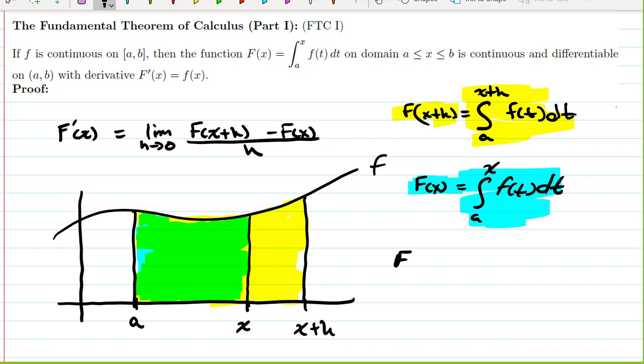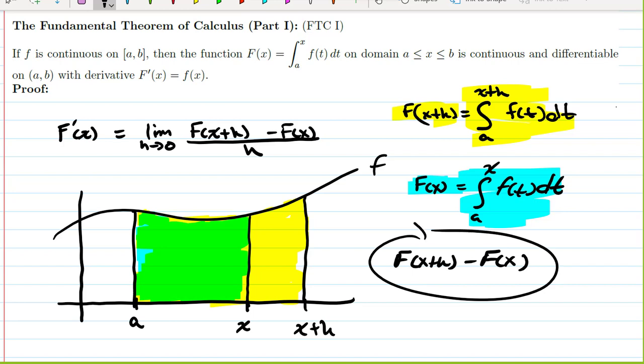So if we were to subtract F of x from F of x plus h, the part that we would subtract off would be the part in green. So F of x plus h minus F of x is going to be just this piece right here.